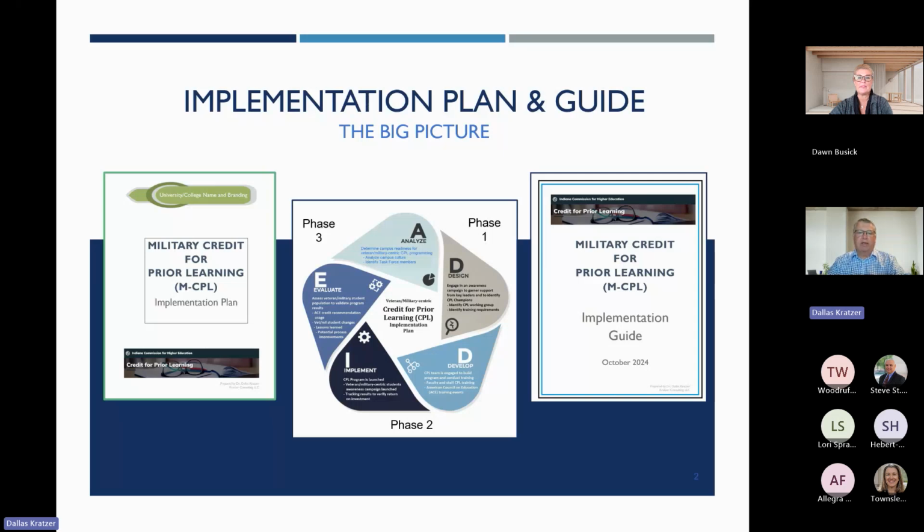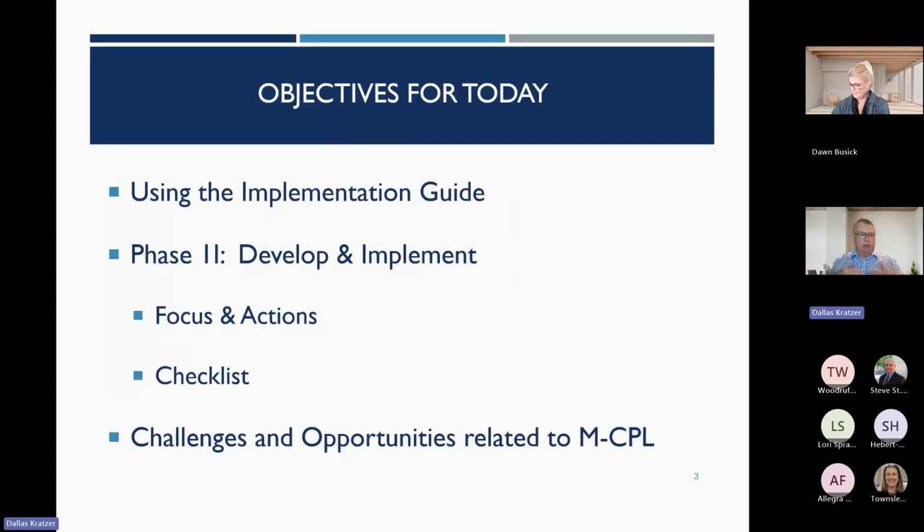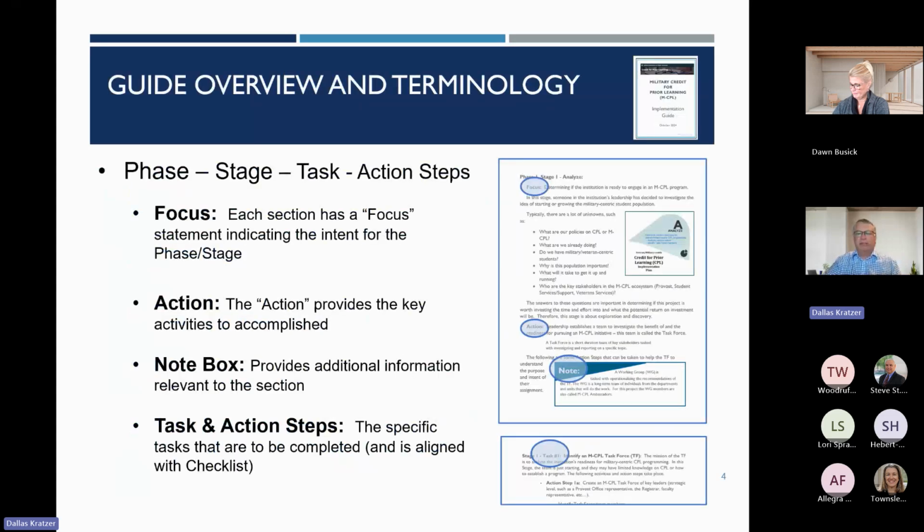All right. Well, good morning, everyone. Again, we're going now into phase two. We finished phase one last week. And again, we'll just work through it as we did last week. It's very similar in formatting. We do that intentionally to make sure that it has a good rhythm to it. Just as a reminder, you have the phase, the stage, the task, and the action steps.